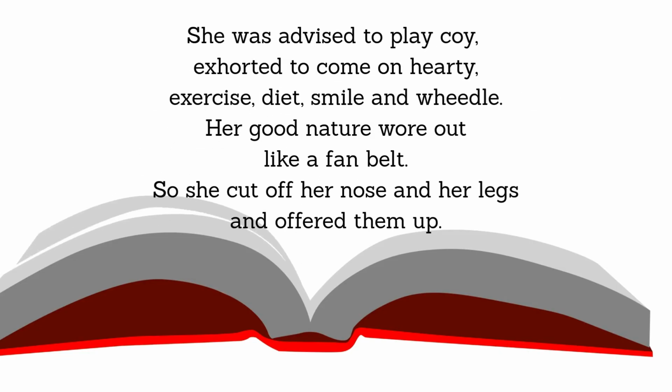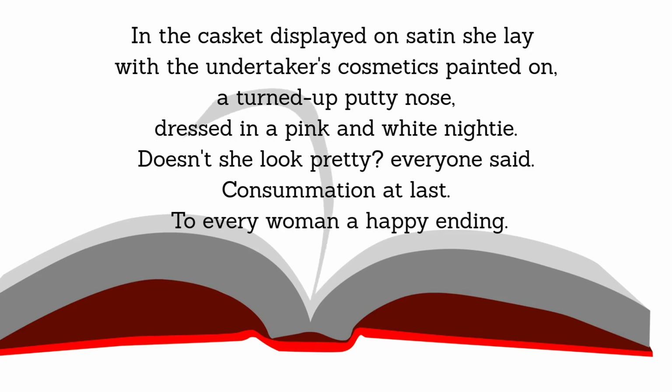She was advised to play coy, exhorted to come on hearty, exercise, diet, smile, and wheedle. Her good nature wore out like a fan belt. So she cut off her nose and her legs and offered them up. In the casket displayed on satin, she lay with the undertaker's cosmetics painted on, a turned-up putty nose, dressed in a pink and white nightie. "Doesn't she look pretty?" everyone said. Consummation at last, to every woman a happy ending.